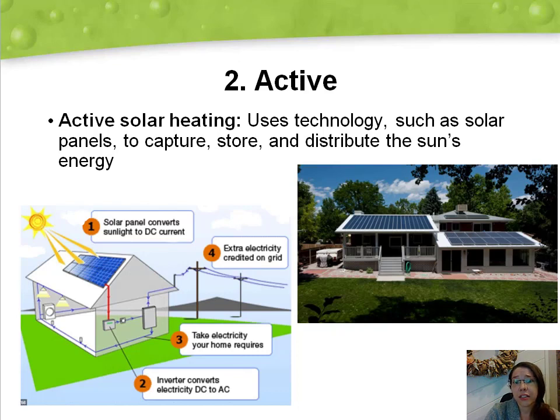The sun hits those solar panels, and then that is actually wired into an inverter, which then is able to convert the DC electricity into AC, and then that's able to be utilized by the appliances in your home.